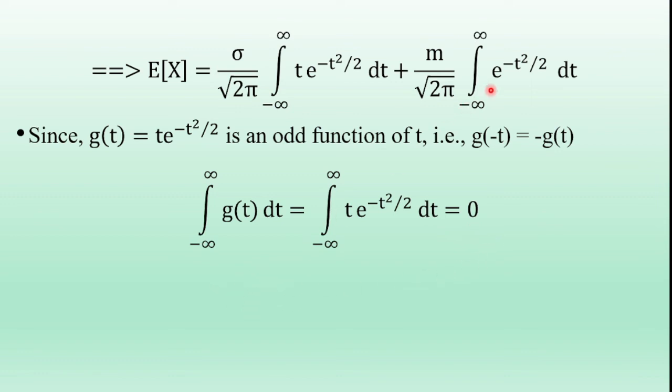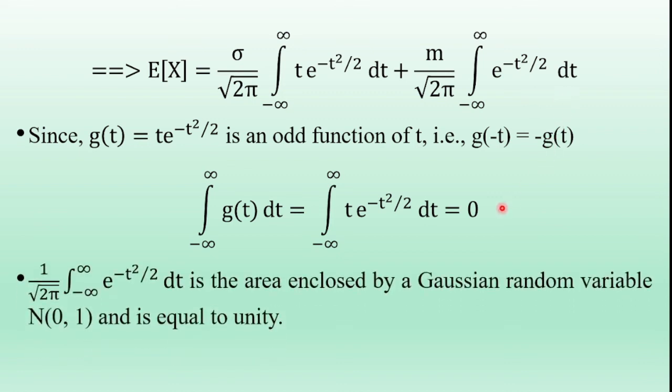Now the second integral term, 1 by square root of 2 pi integral from minus infinity to infinity of e power minus t square by 2 dt, is the area enclosed by the Gaussian random variable, that is N(0,1), and its value is equal to 1. Therefore, from this equation, the first integral term is 0 and the second integral term is the area enclosed by the Gaussian random variable, which is equal to unity.